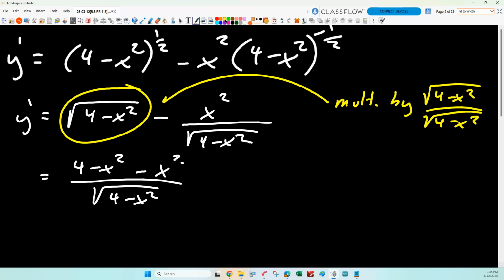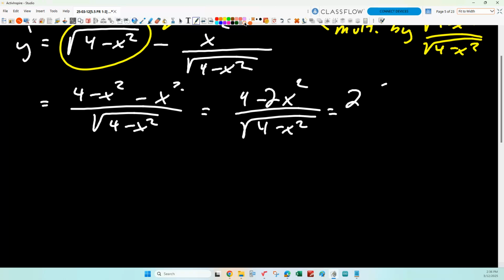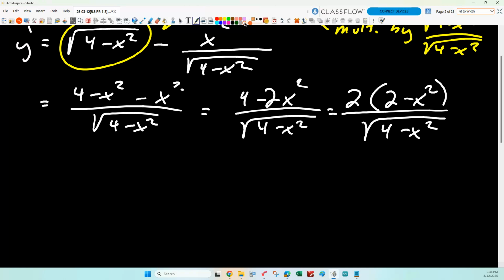Okay. And we get all this, and then I can combine like terms. And that's 4 minus 2x squared over the square root of 4 minus x squared, which is 2 times 2 minus x squared over the square root of 4 minus x squared. That's fine, right? That's one way to do it.